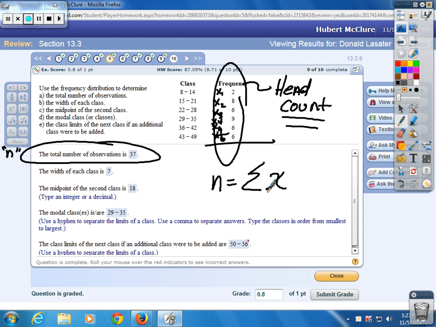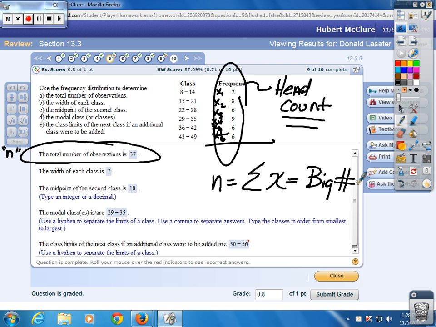Or you add up all the attempts, or all the observations, or all the cards, or all the students in the class, or whatever the case may be. N is usually going to be your big number. It's usually going to be the population.